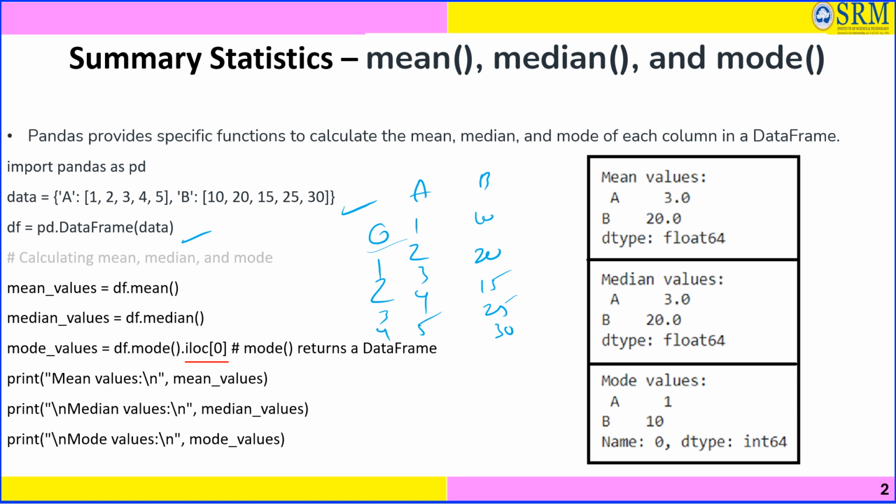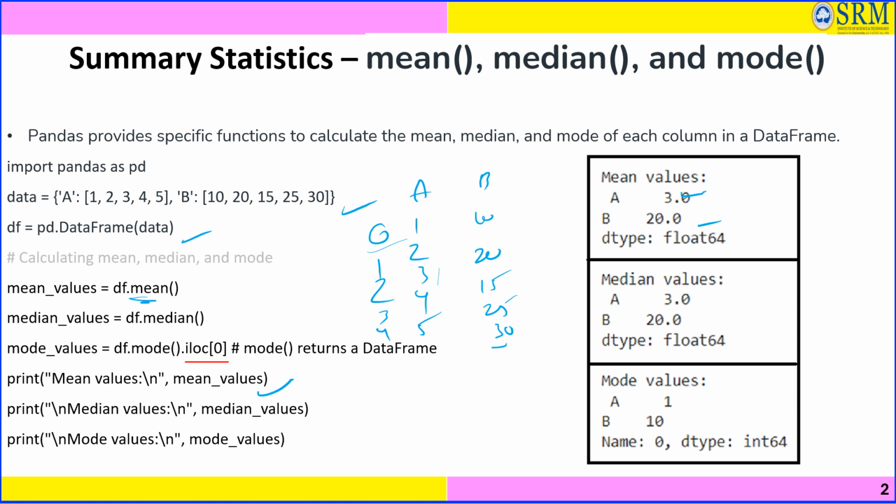First you have to print the mean values. What are the mean values? Df dot mean, so you find the mean for all columns. The sum is 1 plus 2 is 3, plus 3 is 6, plus 4 is 10, plus 5 is 15. So 15 by 5 entries, the mean is 3. Similarly for B, 10 plus 20 is 30, 45, 70, 100. So 100 by 5 is 20. So these are the mean values.